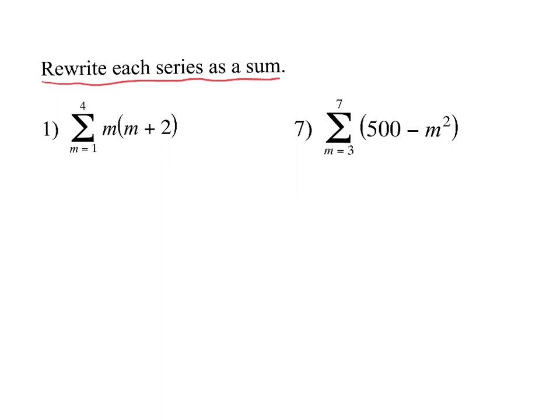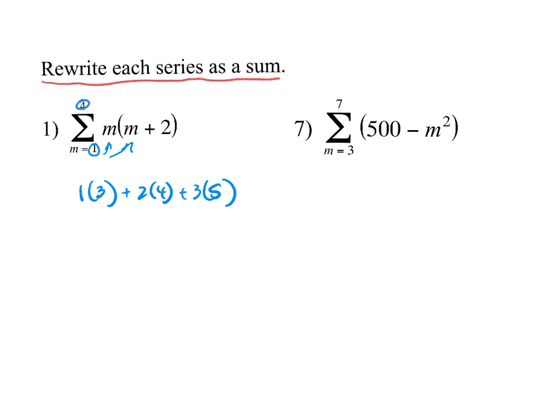in number 1 here, I'm going to start at 1 and stop at 4. And I just have to fill in the m times m plus 2. So when m is 1, that's 1 times 1 plus 2, which is 3. So 1 times 3. The next time I have 2, and 2 plus 2 is 4, so that's 2 times 4. The next time I have 3, and then 3 plus 2 is 5.